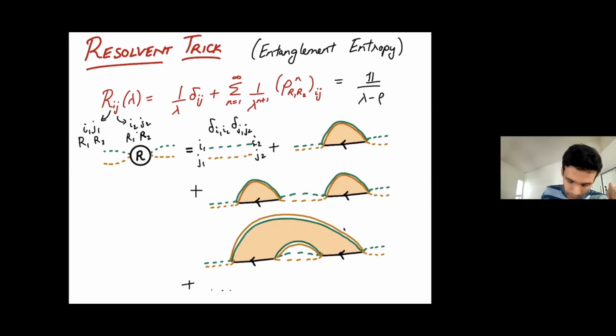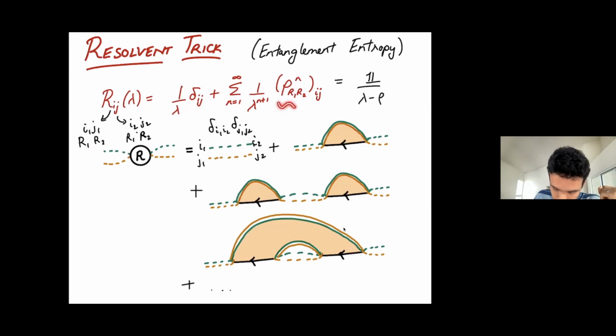So diagrammatically, what this looks like is there's firstly a delta_ij term. This delta_ij is just this product of this green line and this orange line, which is proportional to delta I1, I2, delta J1, J2. And then there are more terms.